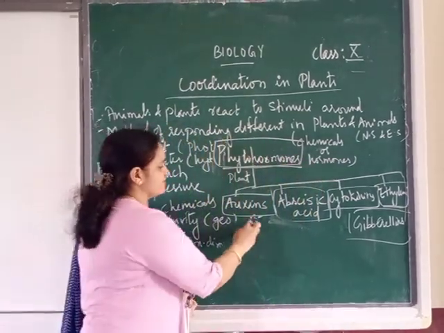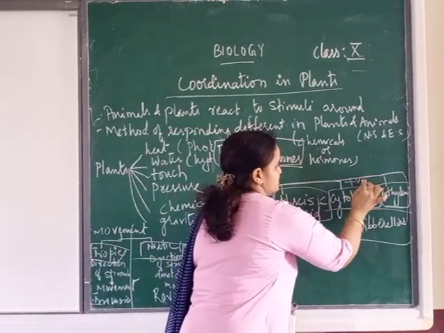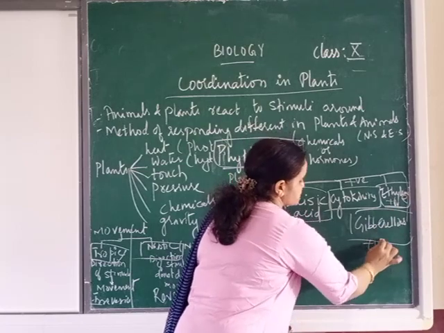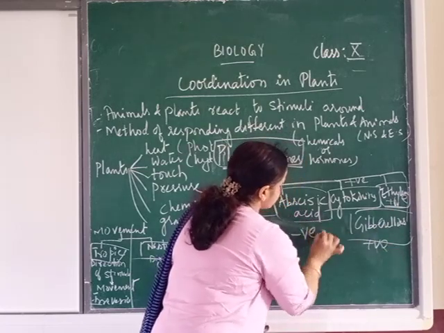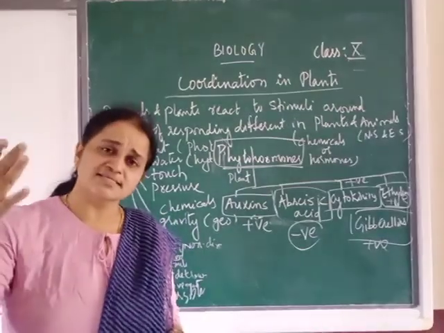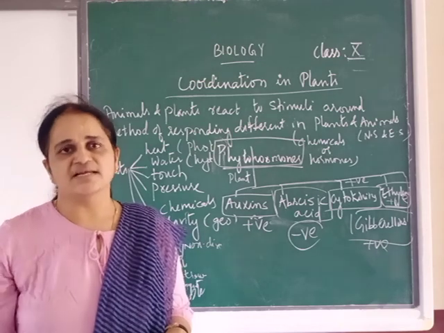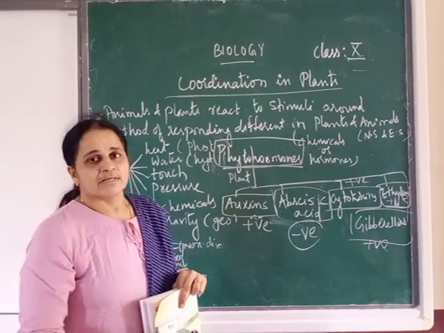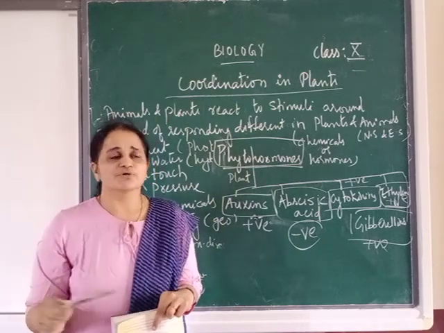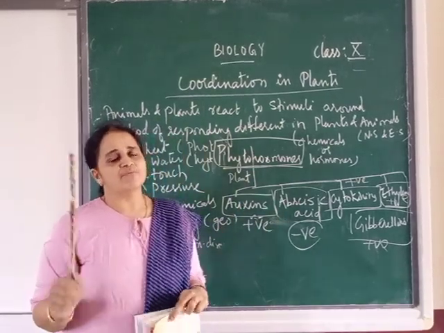So these are having a positive role. Cytokinins positive, ethylene positive, gibberellin positive. Only one is there which has negative. What's the meaning of negative? Negative means it makes the leaf fall. So the negative role is played by only one phytohormone, that is abscisic acid. Remaining all have a positive role.